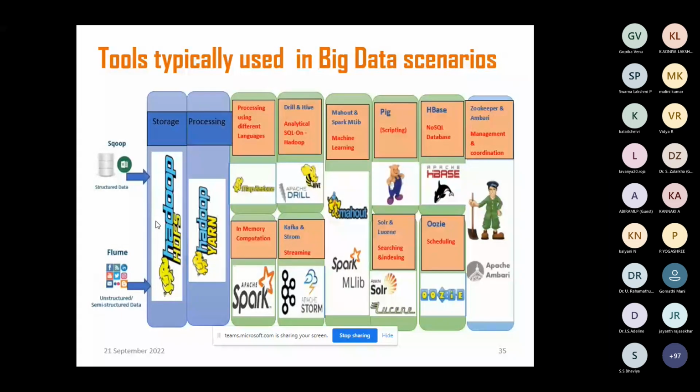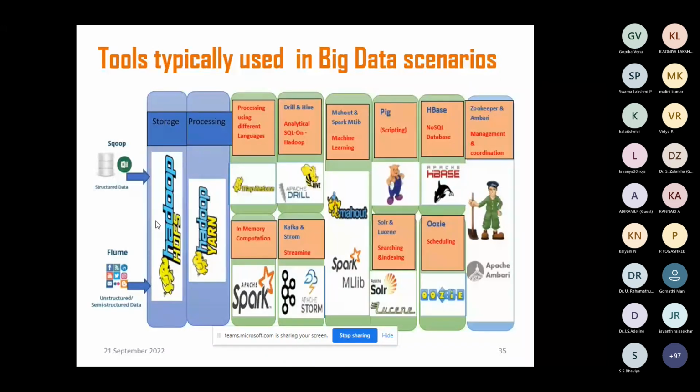Three to four years back, most of the big data companies were widely using Hadoop. But now they are slowly migrating from Hadoop to Spark. Almost all companies have started moving towards Spark, because Hadoop uses a horizontal scaling approach, whereas in Spark we adopt in-memory computing, so performance in handling huge data is much better.